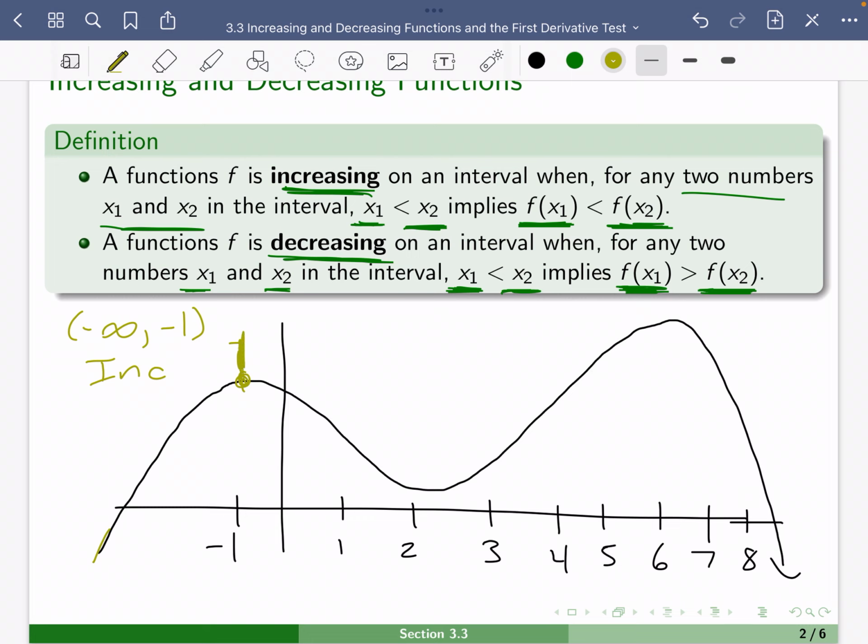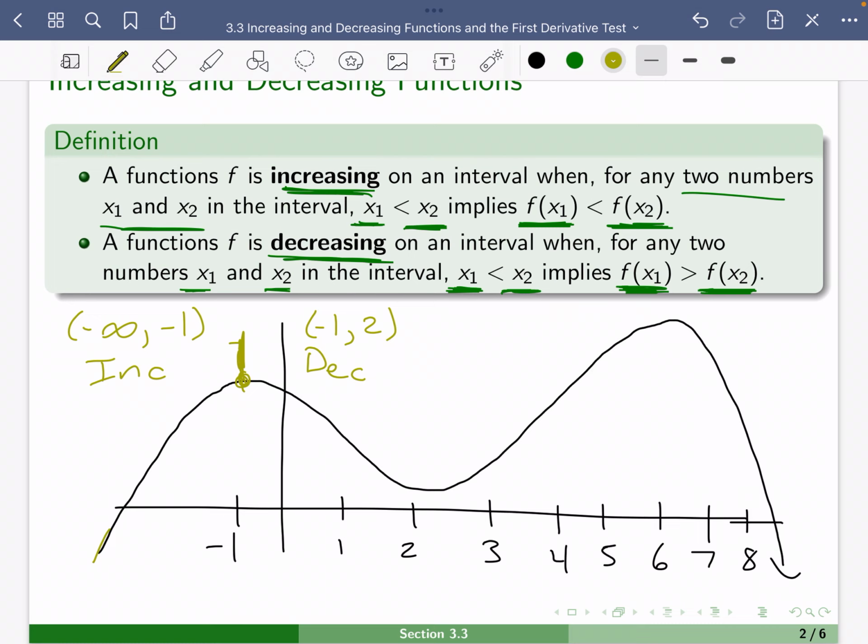At -1, it starts decreasing. The graph is moving down as we go from left to right. As our x values get larger, the y values are getting smaller. Right? And it is decreasing from -1 up to 2.